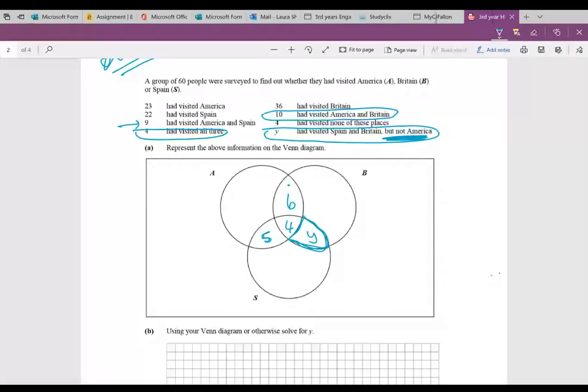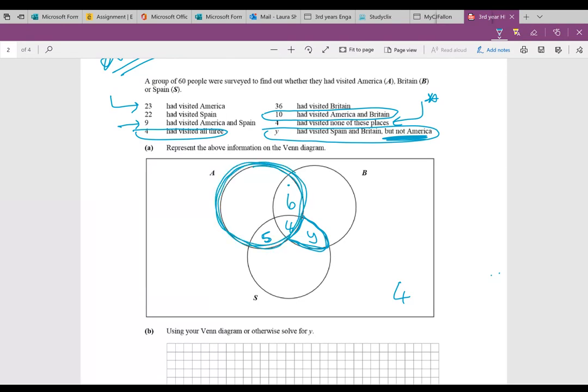Okay, 4 people had visited none of these places, and that's an important one because that can always be filled in as well because it's not affected by the circles, and that's one that people forget a lot, which messes up the maths in the questions following. Okay, now my last places are the larger circles outside. 23 had visited America, so 23 are in this full American circle here.